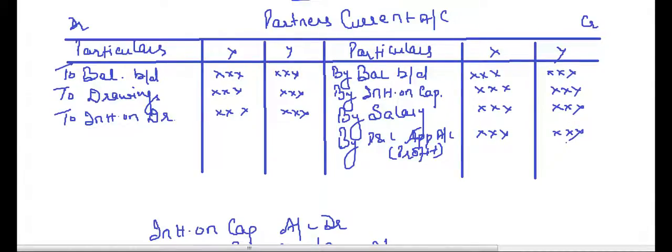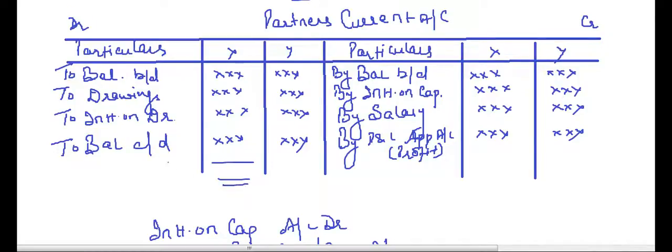Clear? So now we'll have the balance of this partners' current account. Balance plus interest on capital plus salary plus the profits that have been distributed among the partners minus any drawings and interest on drawings, will give us the balance carried down. We can have this balance on this side also.